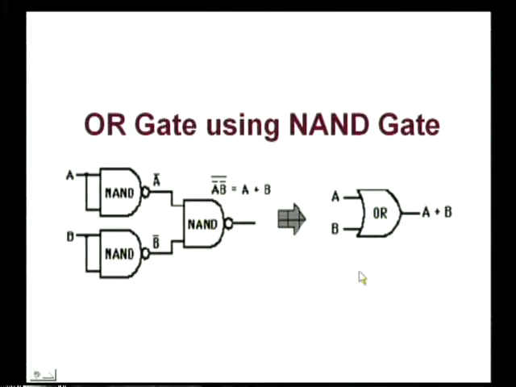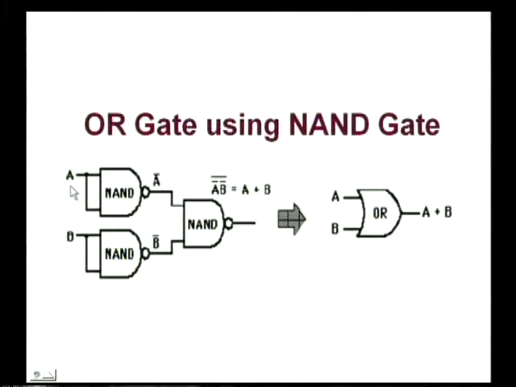We shall see how the OR gate is realized using the NAND gate. The expression for OR is A ORed with B. Here we will be using NAND gate 1 and NAND gate 2 as inverters.